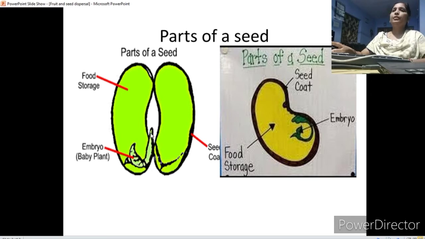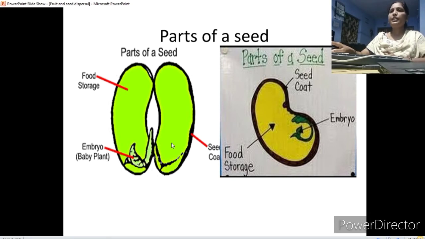From the embryo, first a radicle is developed, and from the radicle, the root system develops. And then the plumule. After the radicle, the plumule comes out. From the plumule, the shoot system develops. That means 2 leaves arise and then 4 leaves, like that.